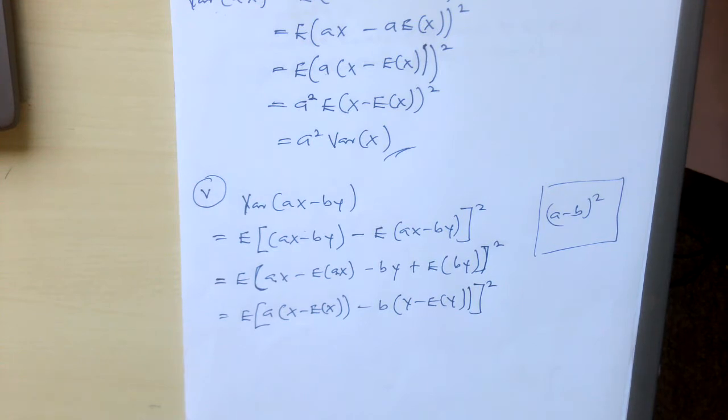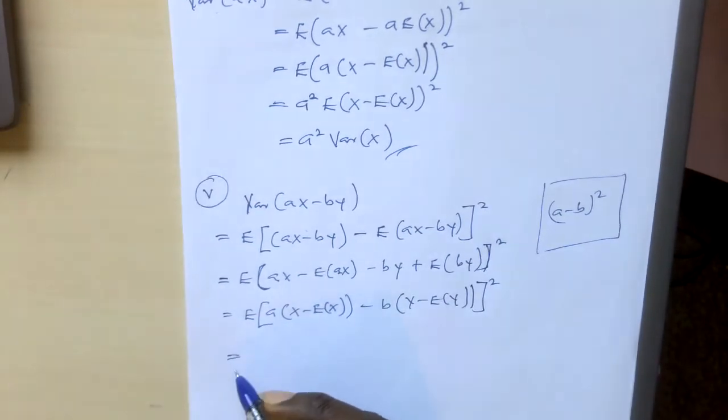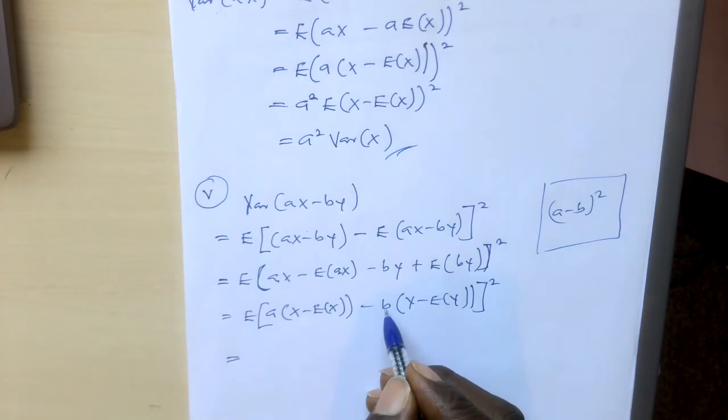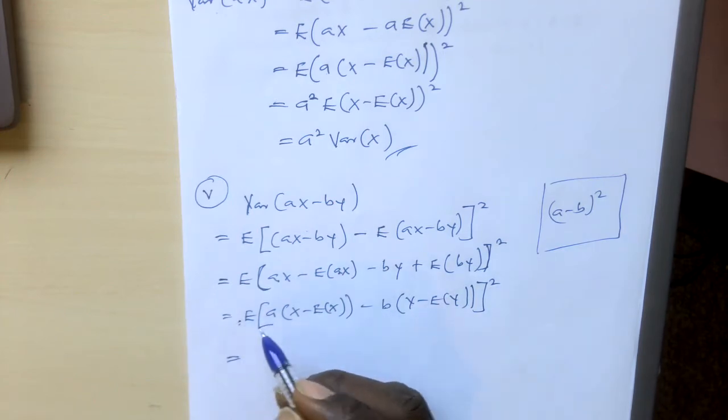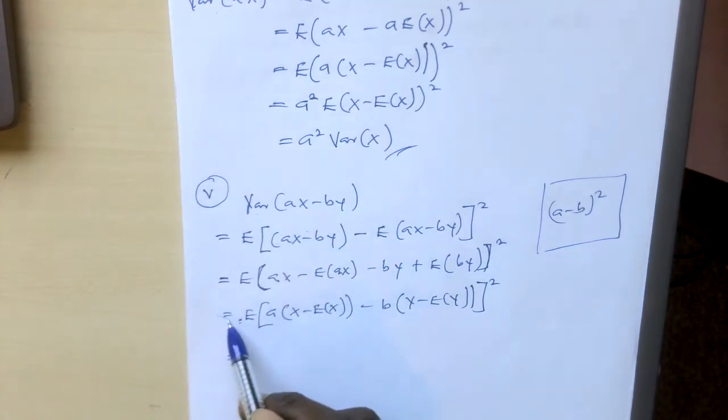From here, if you now expand this, the first thing is to bring out this b out of this guy. It will be b squared, because we are dealing with variance. Bring out this a out of this guy. It will be a squared, because we are dealing with variance.